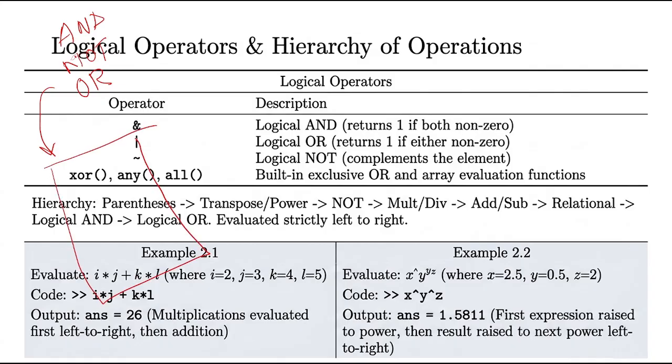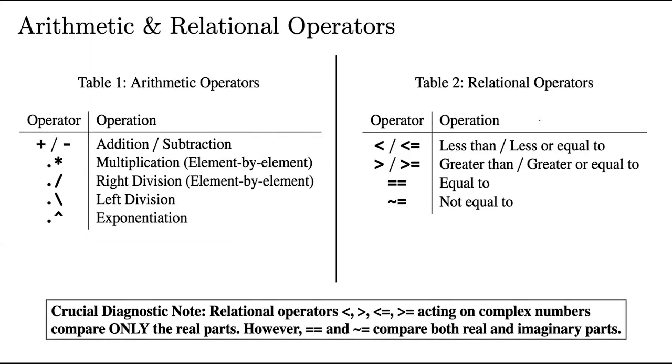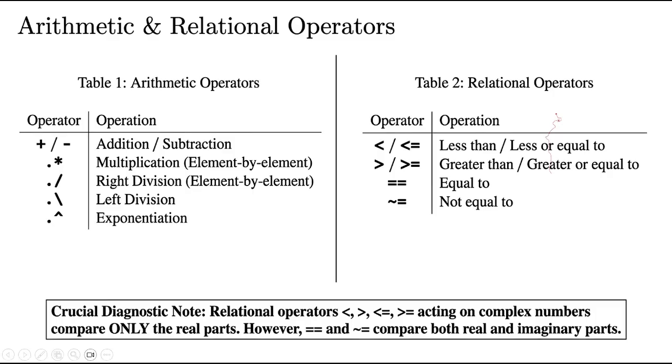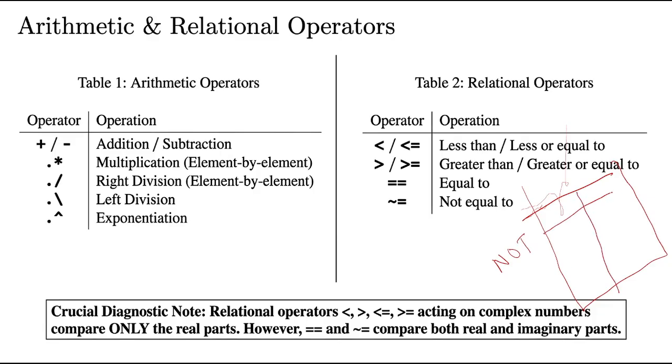Imagine, I know I'm writing on top of text, it might be difficult for you to see, so I'll move here. I'll be writing the logical operators here. I'll be making this table for now. There's an input and there's an output.